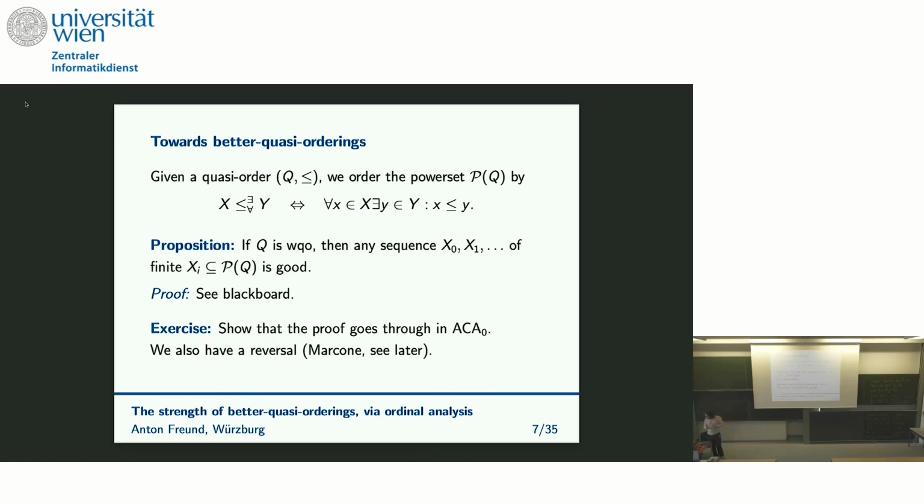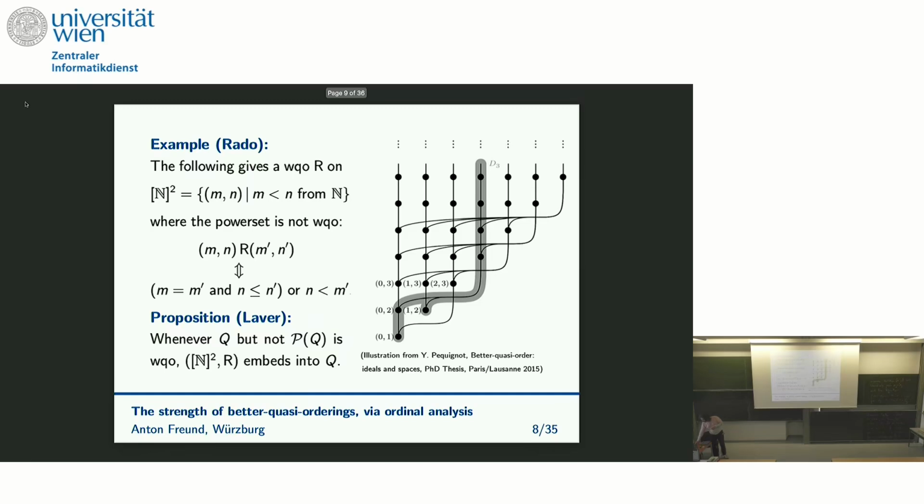Okay, so here we still do have well-quasi-orders, but as I said, if you take the power set operation and admit infinite subsets as well, then you drop out of the well-quasi-orders. And there's an example for that due to Richard Rado, who looks at the two-element sets of natural numbers, and you want to write them as pairs where the first component is smaller than the second component, two-element subsets, ordered in the natural way.